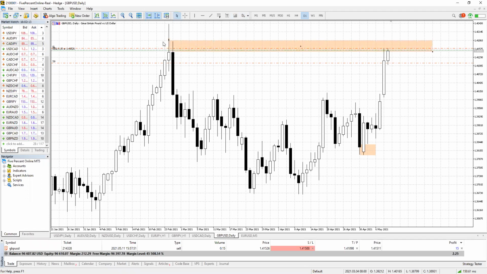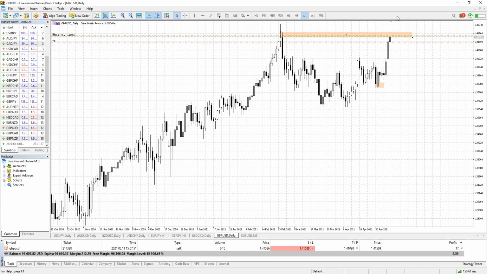If we go to a lower time frame, like an hourly chart, you can see there are resistance levels there, and I'm actually expecting that we will break in the midterm. I think we will break those highs.